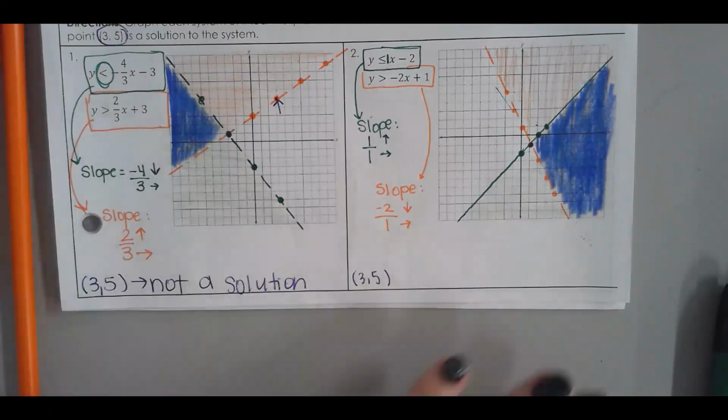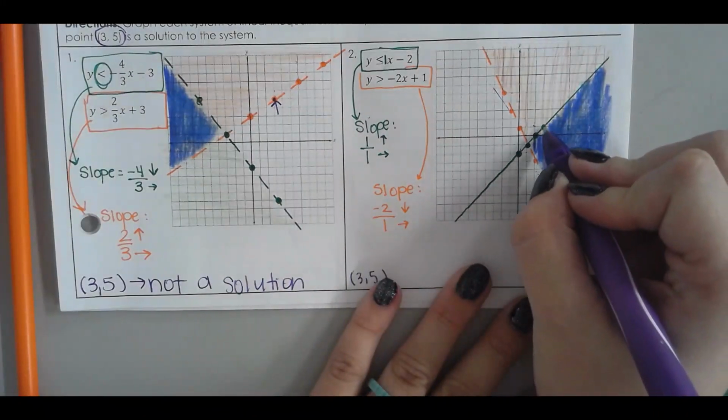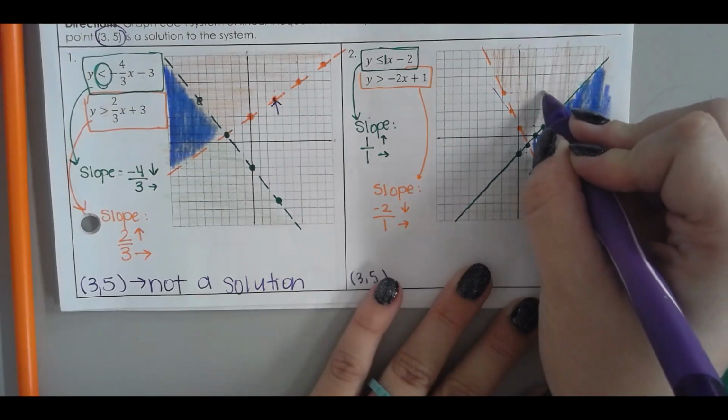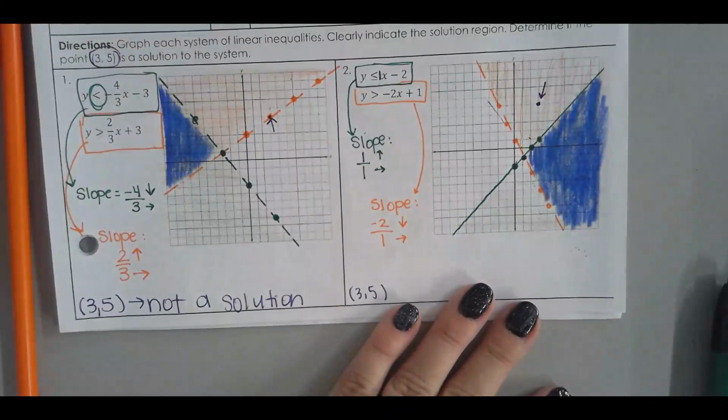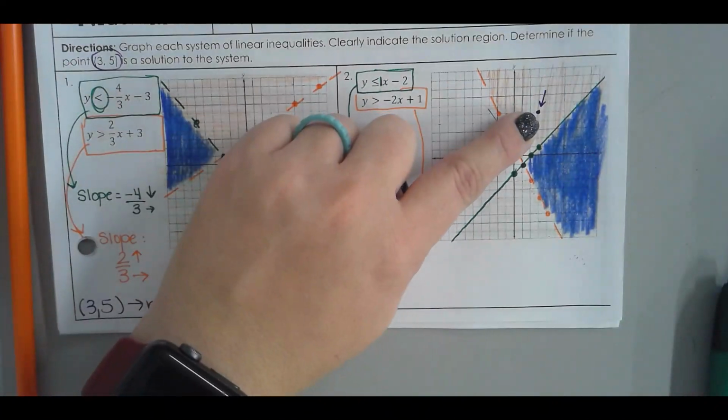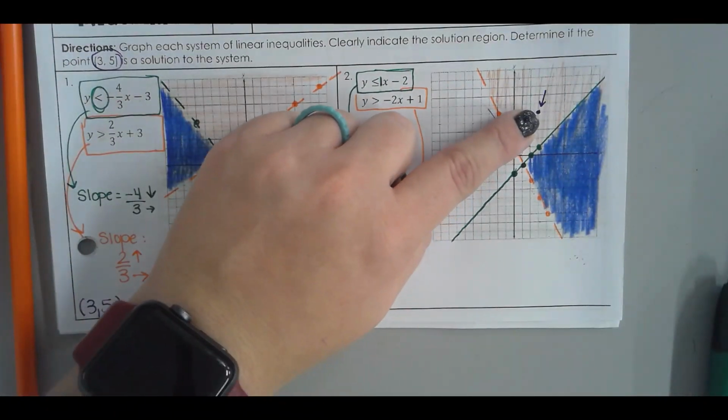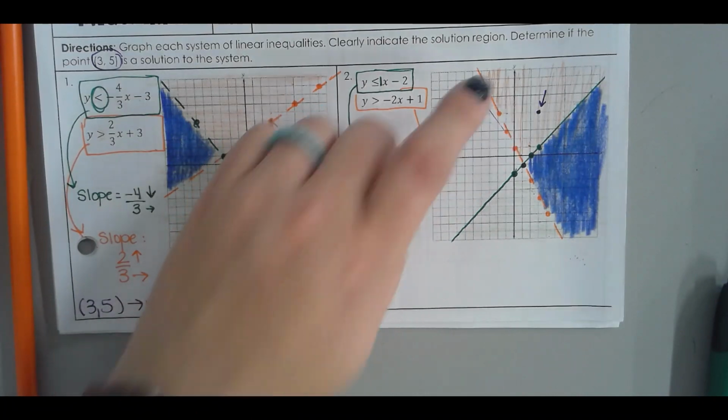So let's look at the point 3, 5. Is that point right here, the point 3, 5, is that in my dark shaded area? No.